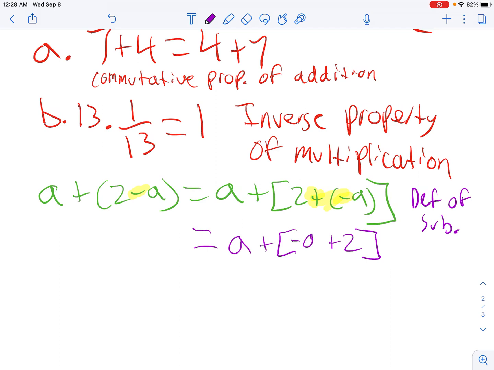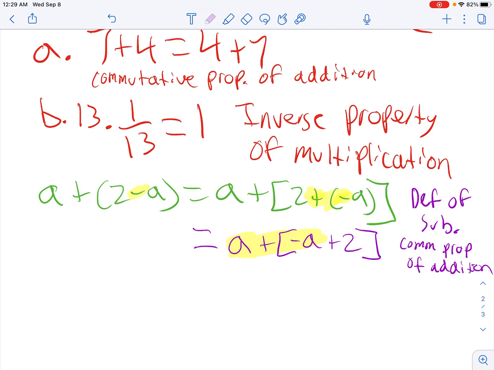Okay, haven't really changed anything. But now I can say, and again, this is the commutative property. Now I notice, hey, I've got an A plus a negative A.